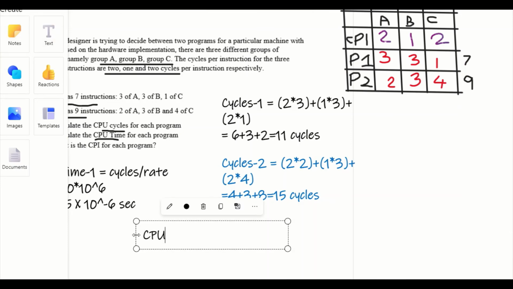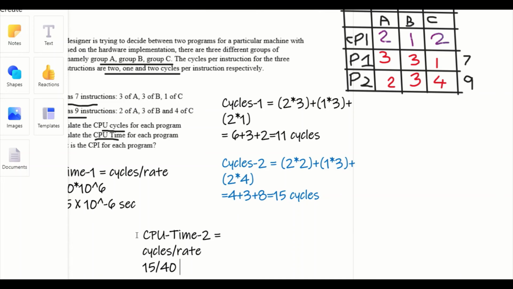So CPU time for program 2 is, as I say, the formula: cycles divided by the rate. We just calculated the cycles, 15 cycles, divided by the rate, which is 40 mega. Mega means 10 power 6.